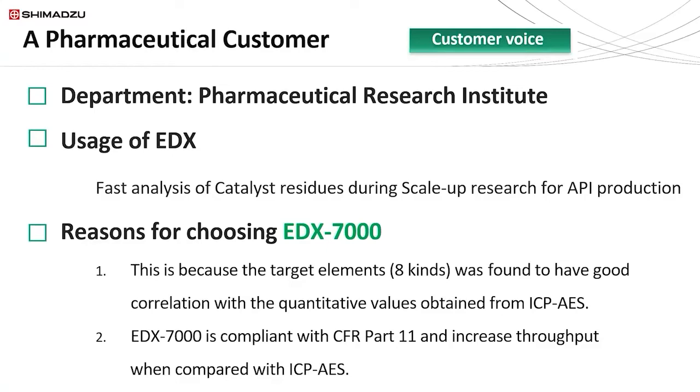And actually, the big reason they bought this was the EDX 7000 can be made 21 CFR Part 11 compliant. I don't talk about it in today's talk, but it's not an issue at all for Shimadzu's EDX 7000 system to be made FDA 21 CFR Part 11 compliant.